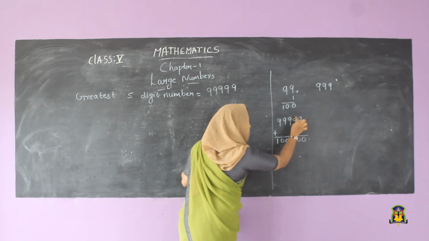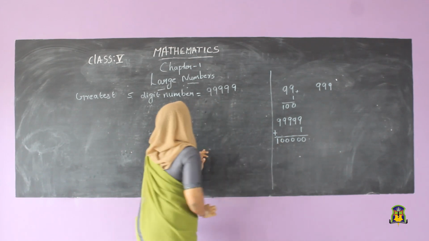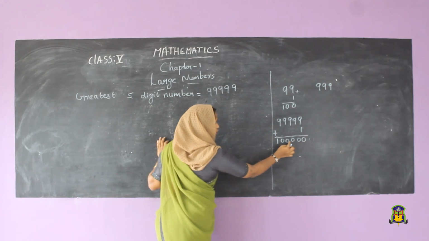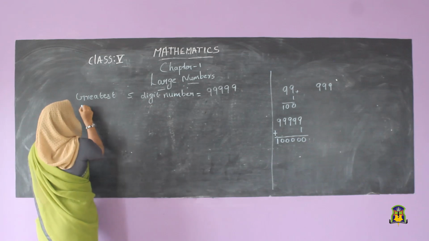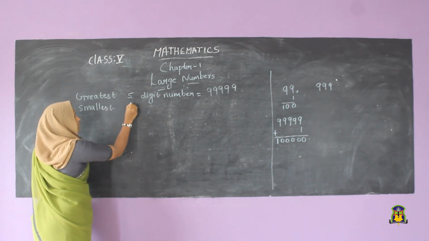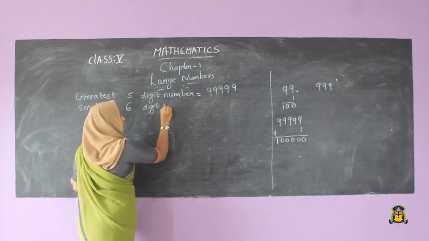That means 9 plus 1 is 10, and if we add this we get six digits. That means it is the smallest 6-digit number.